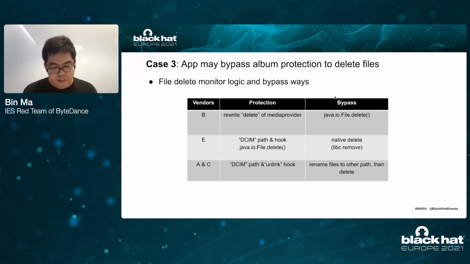The third case is that an app may bypass album protection to delete pictures. When an app tries to delete a photo, many vendors will prevent the delete operation to protect the user's album. You can see that the system will pop up an alarm to notify users of the app's behavior and intercept the files, moving them to a backup folder.